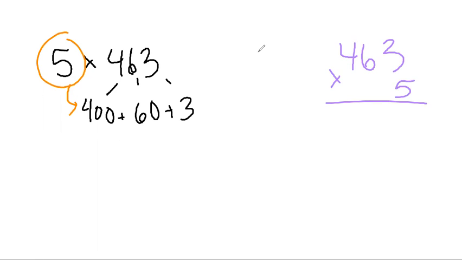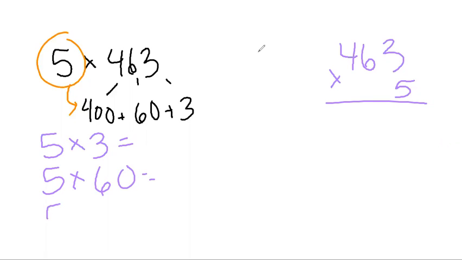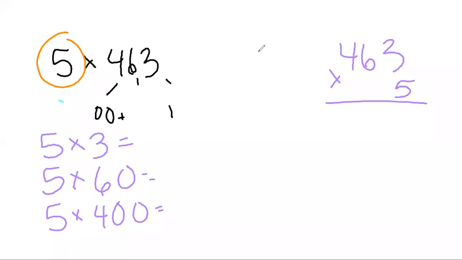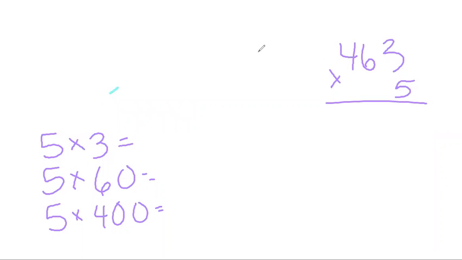So essentially, I'm multiplying 5 times 3, and then I'm multiplying 5 times 60, and I'm multiplying 5 times 400. Okay, so now let's go ahead and use that expanded form to multiply.